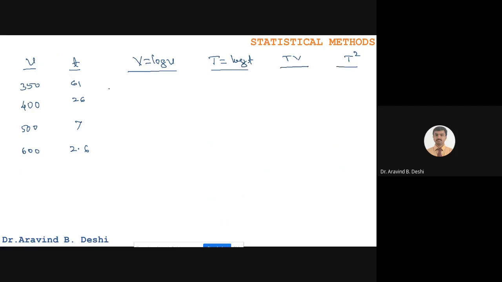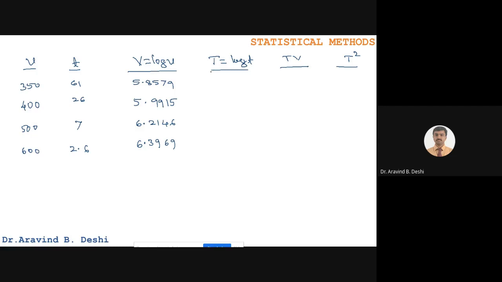Therefore, ln 350 is 5.8579, ln 400 is 5.9915, ln 500 is 6.2146, ln 600 is 6.3969.